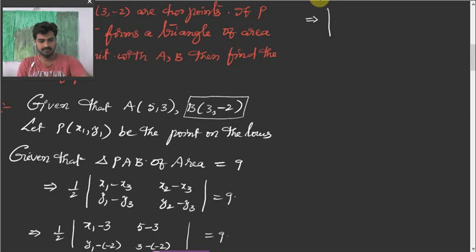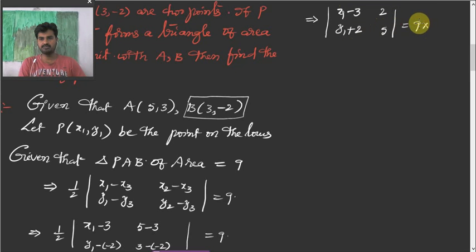That means modulus of x1 minus 3, 5 minus 3 is 2, y1 plus 2, 3 minus of minus 2 is 3 plus 2 is 5, is equal to 9 into 2 by 1. So here you write x1 minus 3, 2, y1 plus 2, 5 is equal to 9 twos are 18.